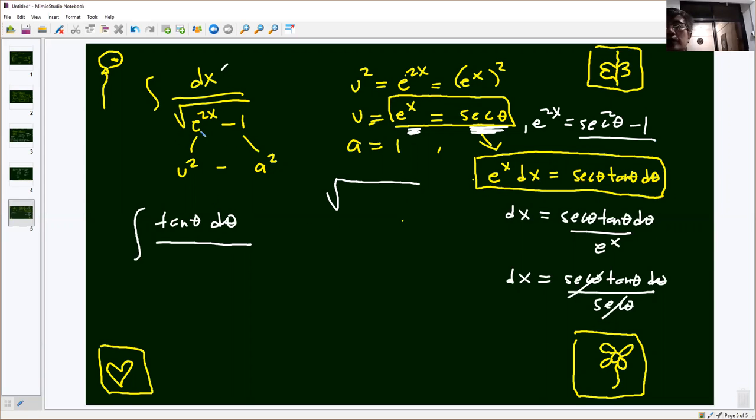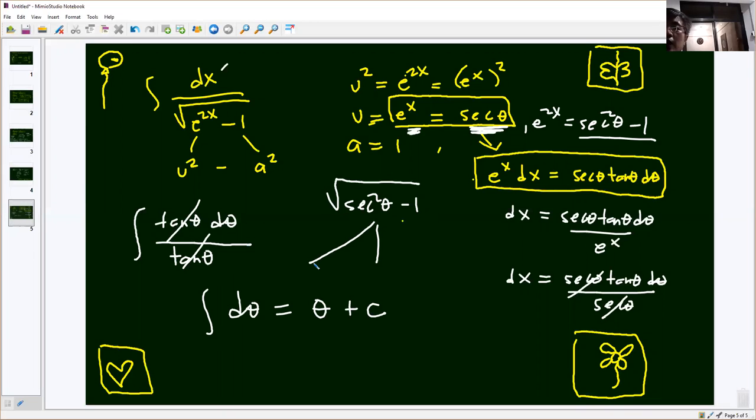What is square root of secant squared theta minus 1? Tan theta, sir. Tan squared, and square root is tan theta. O, di ba tapos na? Cancel, cancel. Integral d theta na lang yan. And you know, this is theta. Tapos na, theta. Okay na sana, no? Plus c. Kaso, remember, naka-x tayo in the original. You have to go back.